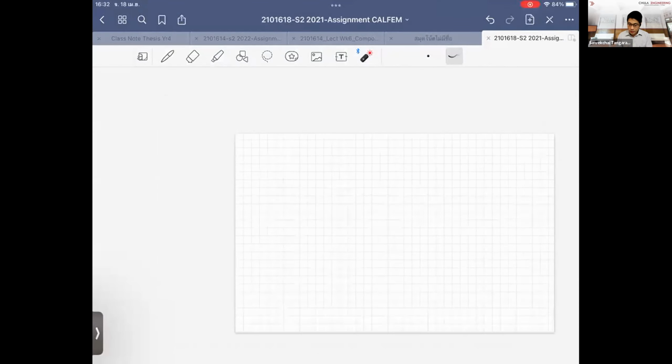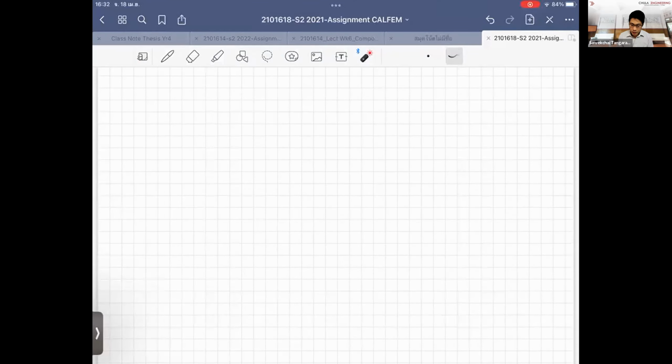There are a couple of formulations that we use for the isoparametric finite element in plane strain, in the displacement fields. This is the linear finite element analysis.